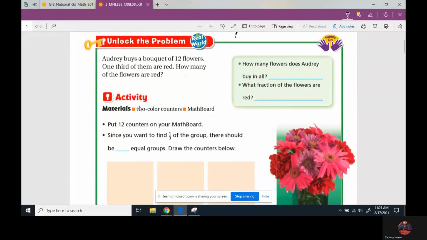So Audrey buys a bouquet of 12 flowers. 1/3 of them are red. How many of the flowers are red? So ask yourself, how many flowers does she buy in all? She buys 12 flowers.